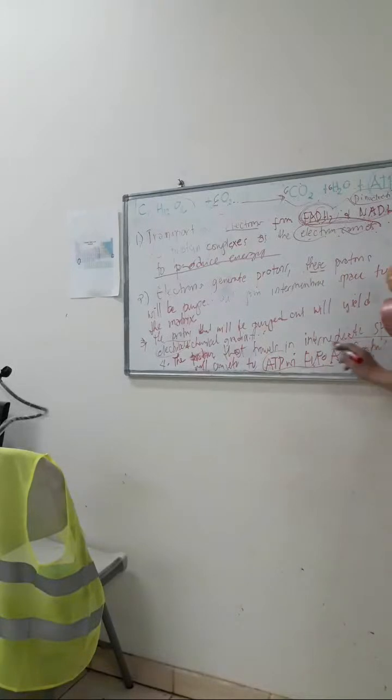It is a mitochondrial enzyme that catalyzes the synthesis of ATP, adenosine triphosphate, from adenosine diphosphate and inorganic phosphates. Before it becomes ATP, it is still ADP plus phosphates. That's why it's ATP, due to the presence of phosphates. You got the point?